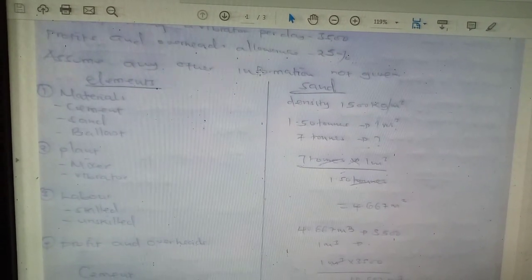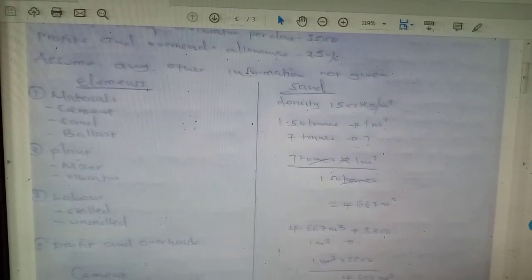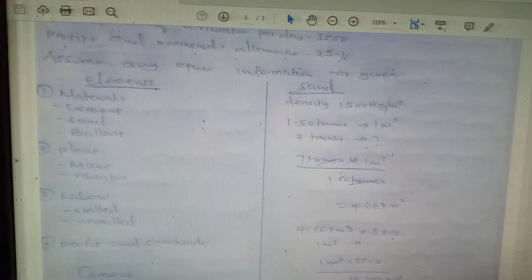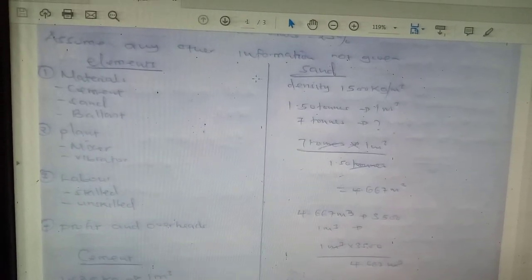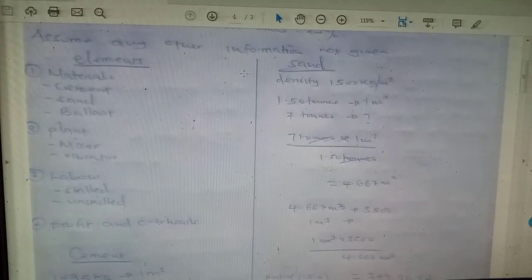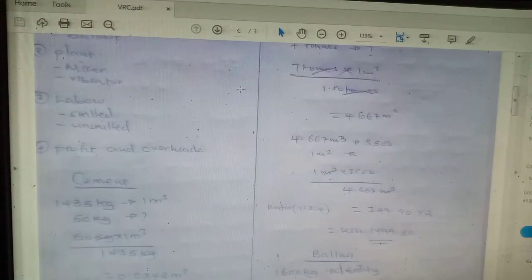Then the third item is labor, the labor force that will do that task. Then the last item is the profit and overheads that I said must appear in each and every build-up. So we are going to begin.